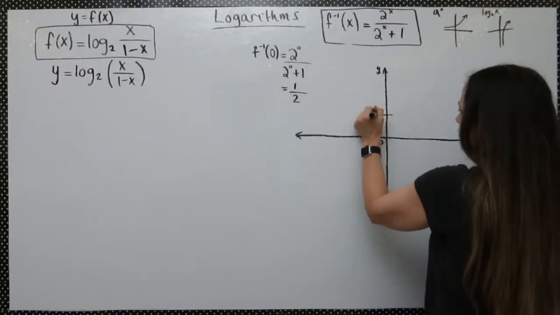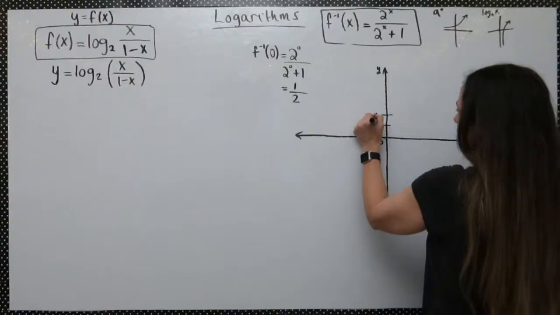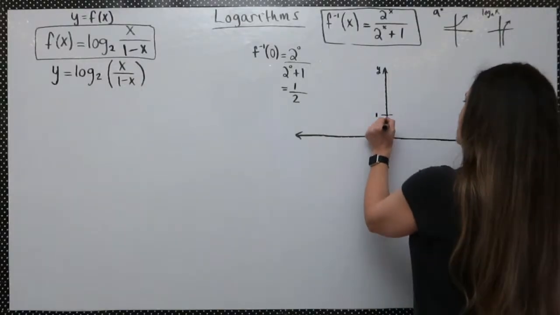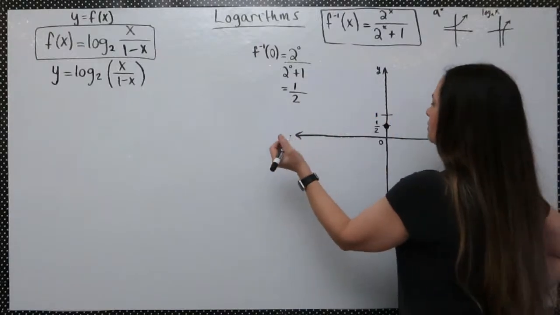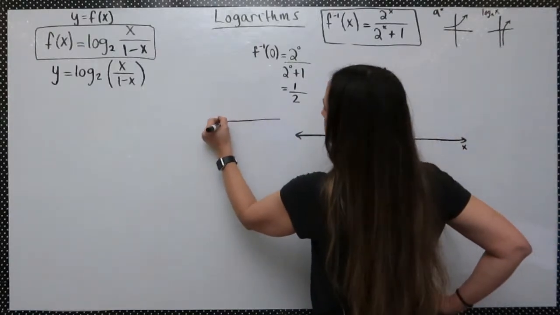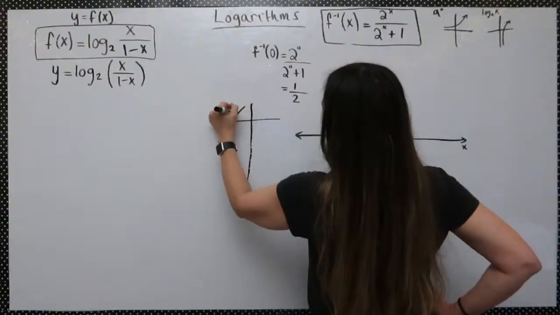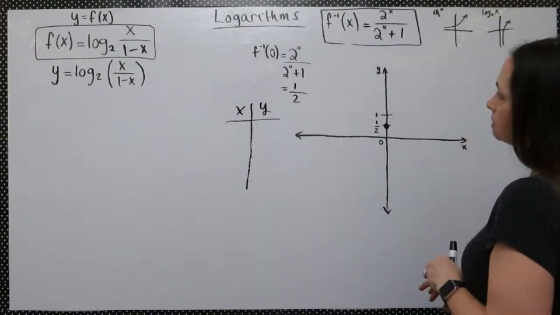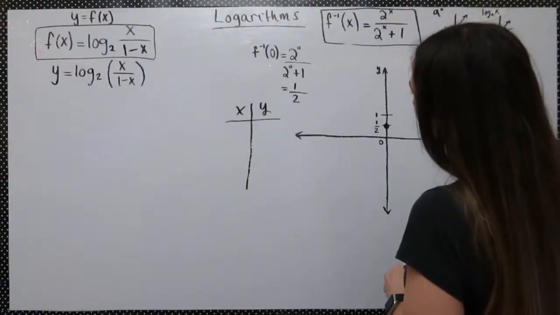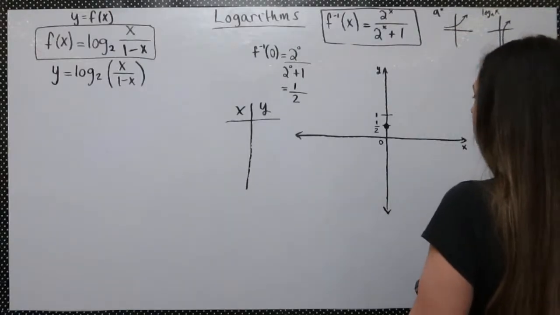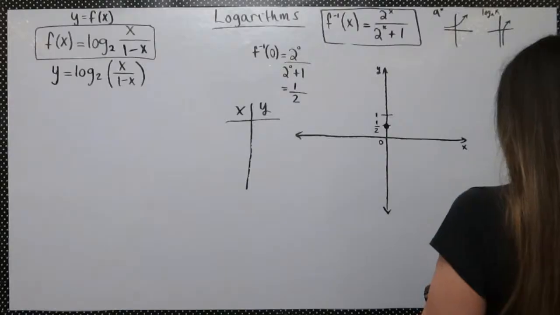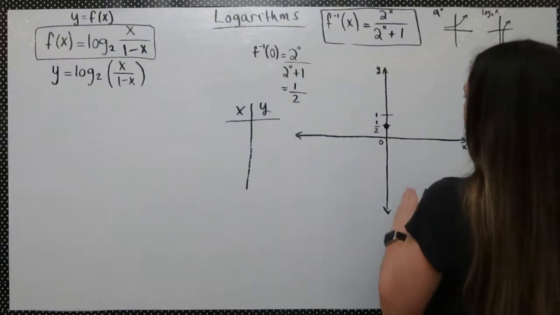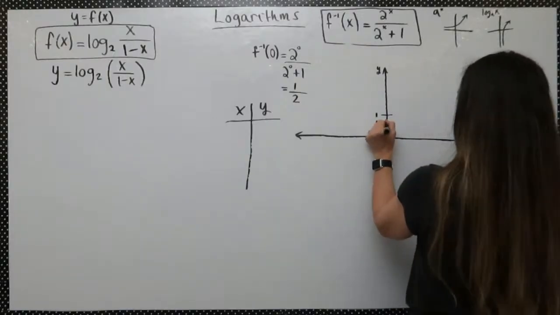We'll say that's 1, say that's 1/2, and we'll draw a point right there. Then get my table set up. Then maybe I would want to know what this function is doing on either side of this point right here.